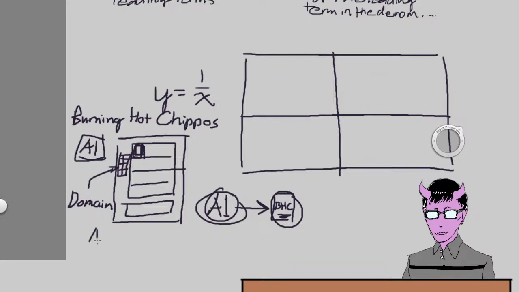So for instance, you can push in A1, A2, A3, but you probably can't put X5 because X is not a valid letter on this number pad. So X5 is not within the domain of your number vending machine. Understand that your domain is strictly what you can put into your function that is valid.